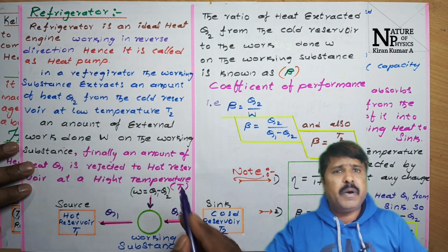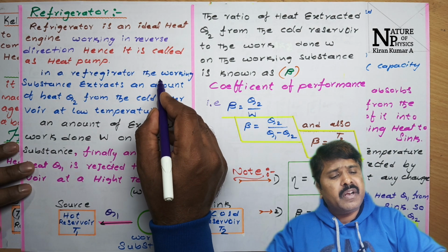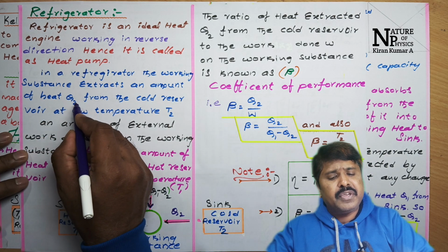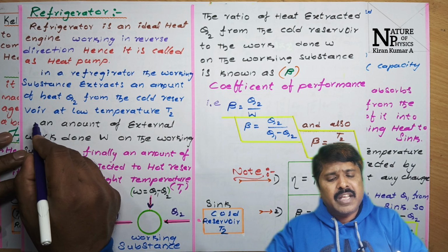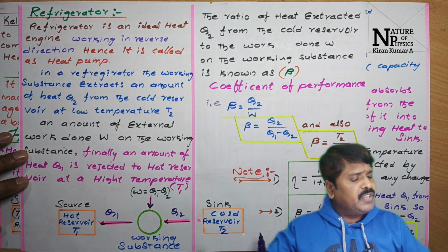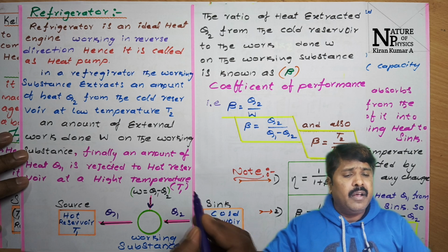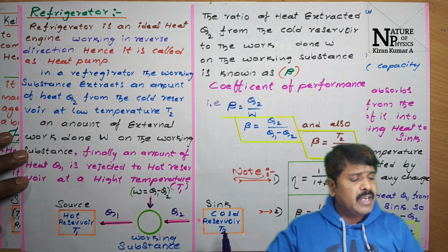So refrigerator is an ideal heat engine working in a reverse direction, hence it is called a heat pump, student. In a refrigerator, the working substance extracts an amount of heat Q2 from the cold reservoir at low temperature, already represented. Here the sink was already discussed in detail in the heat engine, again I don't want to discuss. So the sink at low temperature, that is the cold reservoir, its temperature is T2, student.